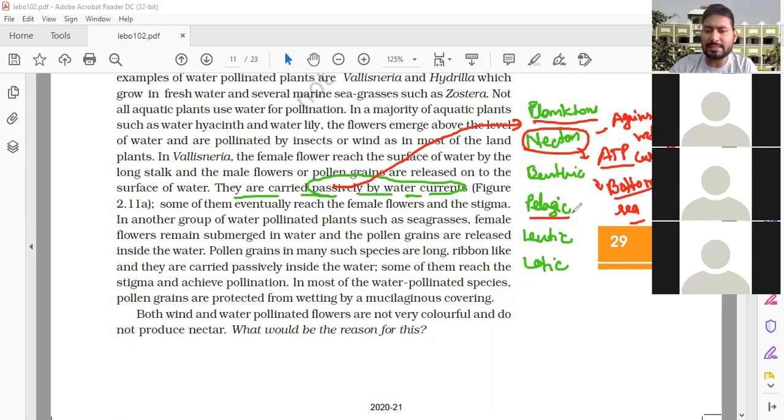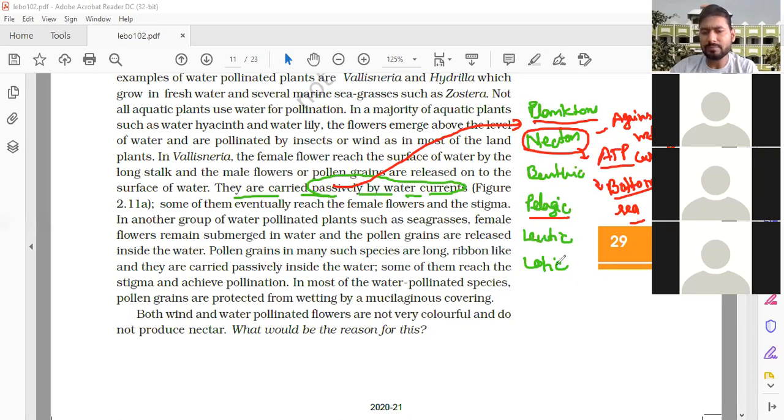Another is the pelagic. Pelagic means distribution throughout, either on the water surface, or submerged, or bottom dwelling. So for pelagic, there is no criteria. Evenly means you can say they are distributed anywhere in the sea, anywhere in the water current. That is called the pelagic.